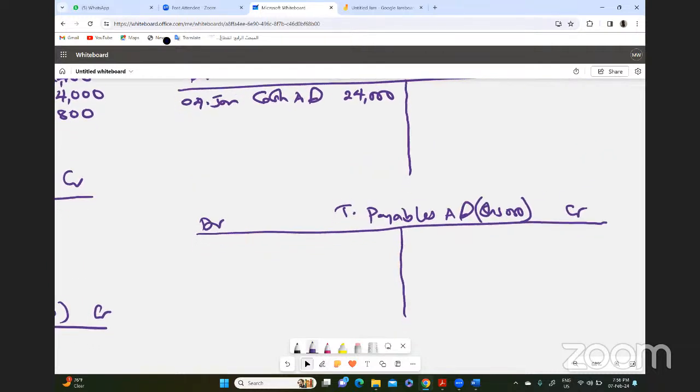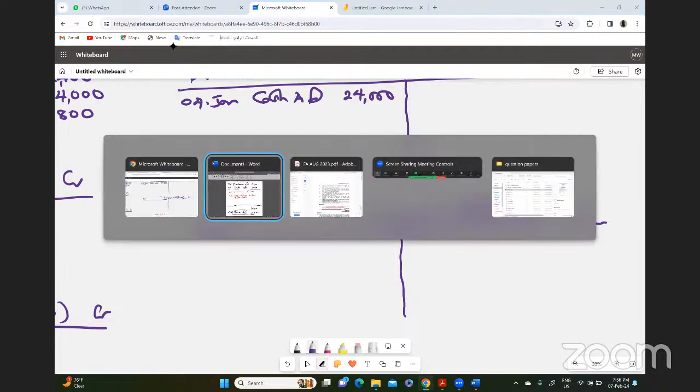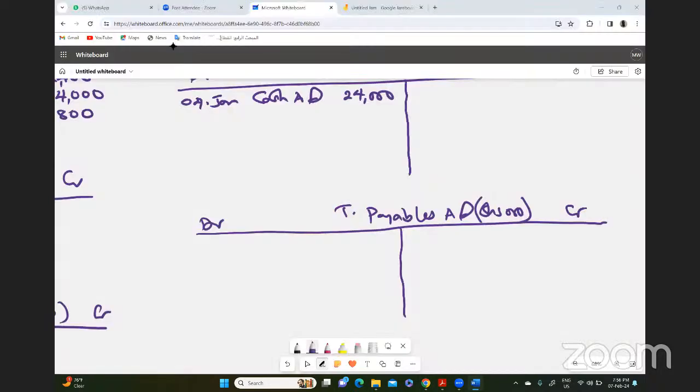So we are debiting 8.4. This is 8.4 on 6th of Jan. And then this is going to be our trade payables, Haji and Sons.